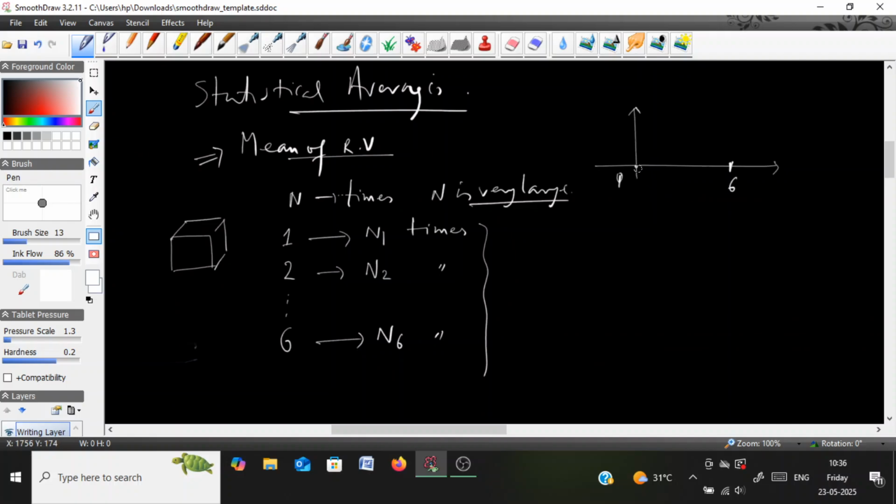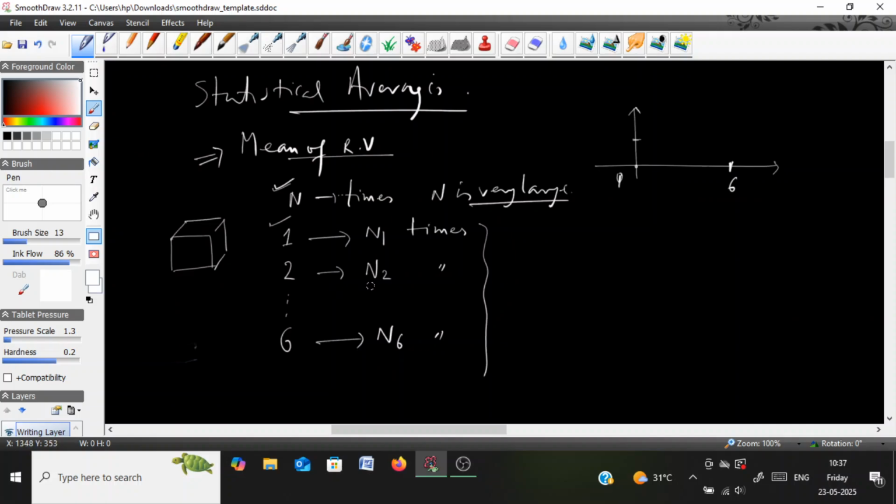So the probability of 1 will be the number of times this number appears divided by capital N, the number of times we have completed this try. So n1 by N will be the probability of getting 1.